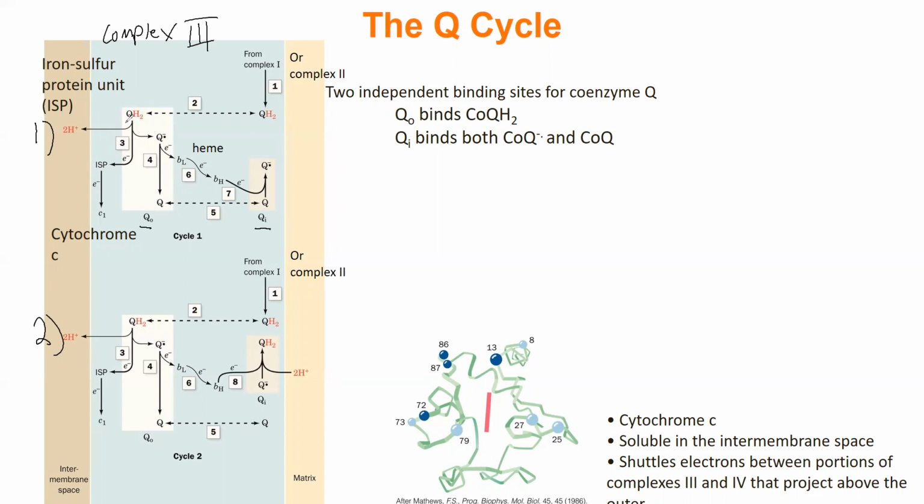What Q will do is it'll pump the 2 hydrogens it was carrying into the intermembrane space. It will give 1 electron to this iron sulfur protein unit. So again, we talked about that iron sulfur is there to move electrons. Then it will give an electron to cytochrome C. When cytochrome C has this electron, it can then leave.